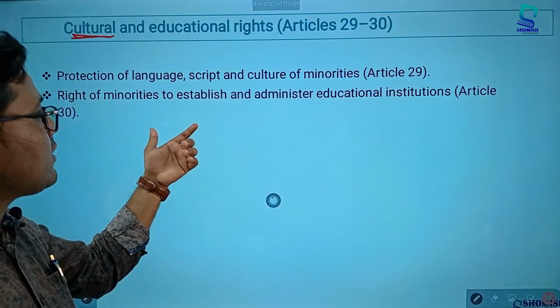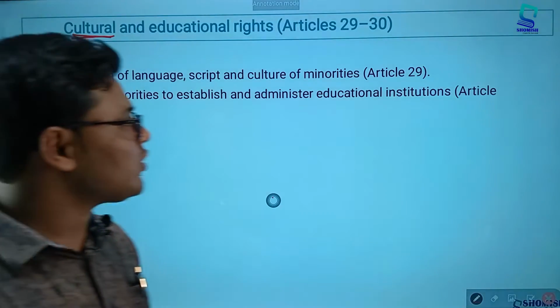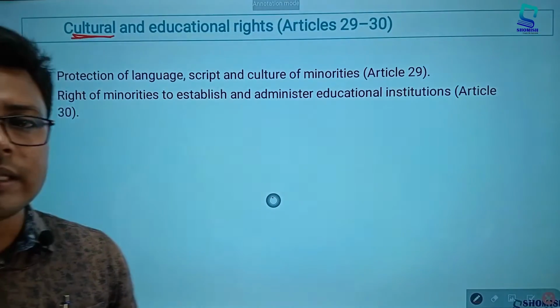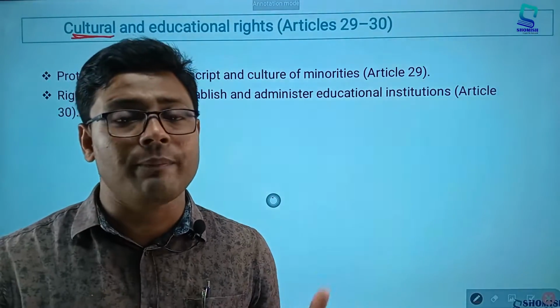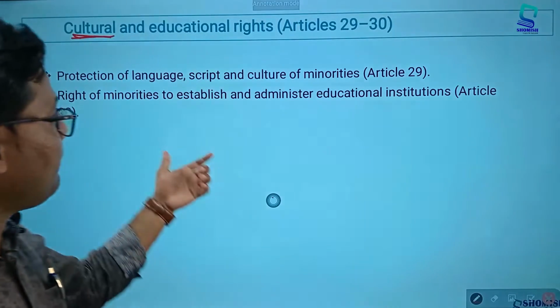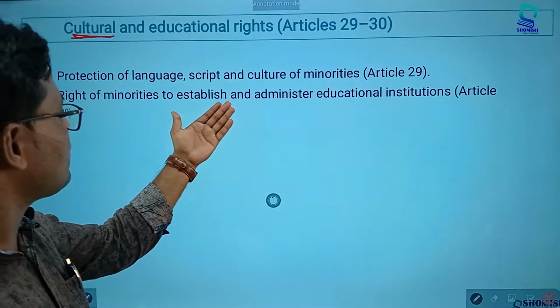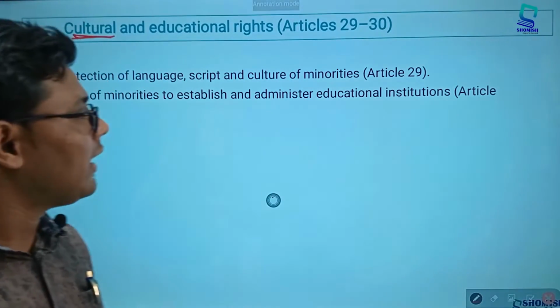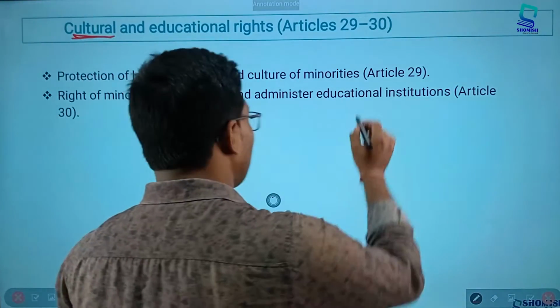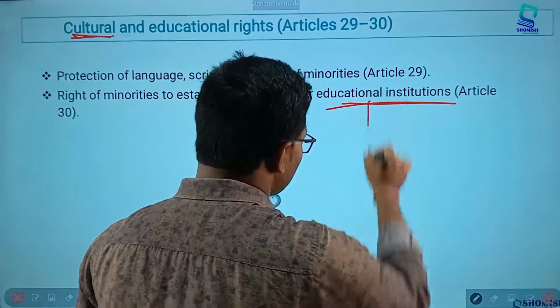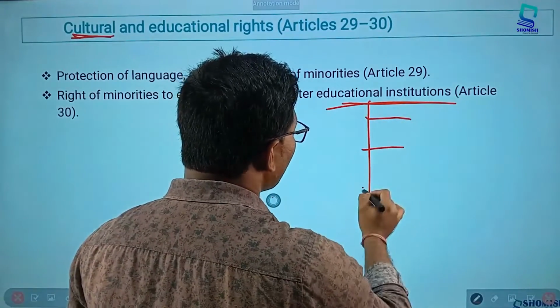Rights of minorities to establish and administer educational institutions. Yes, it is also another important article. Educational institutions may be of 4 types.